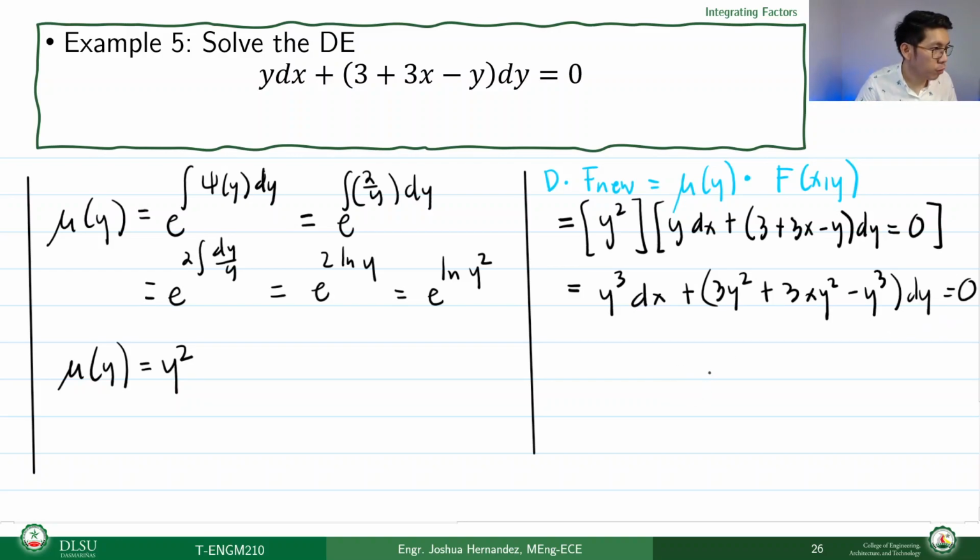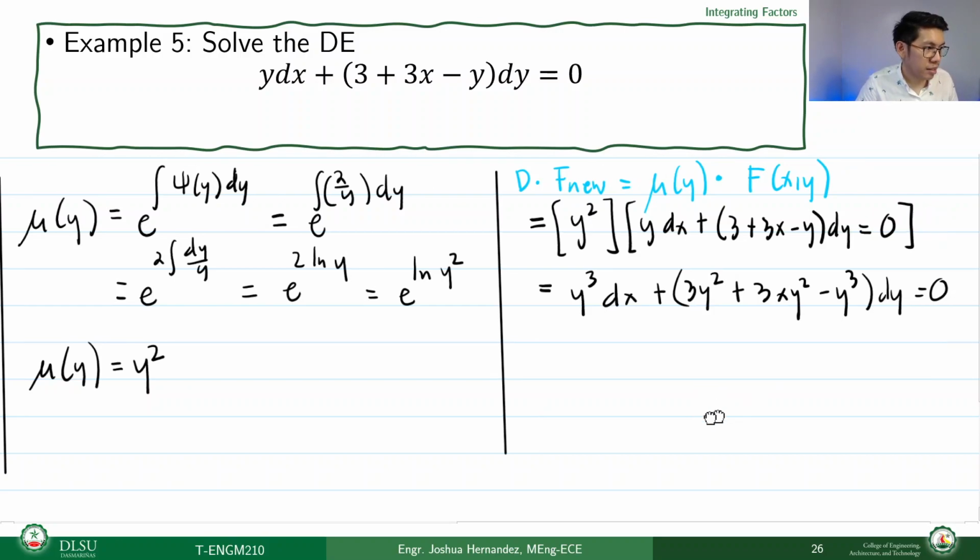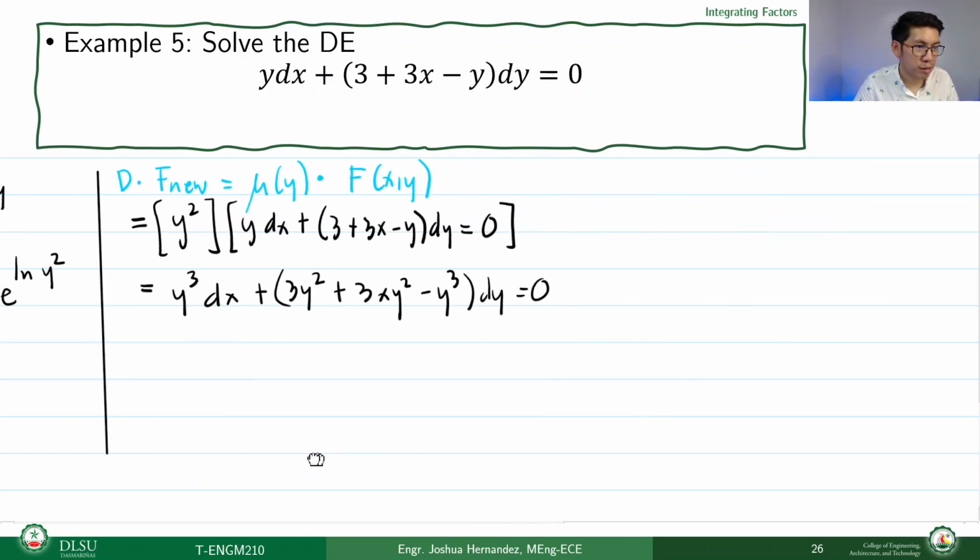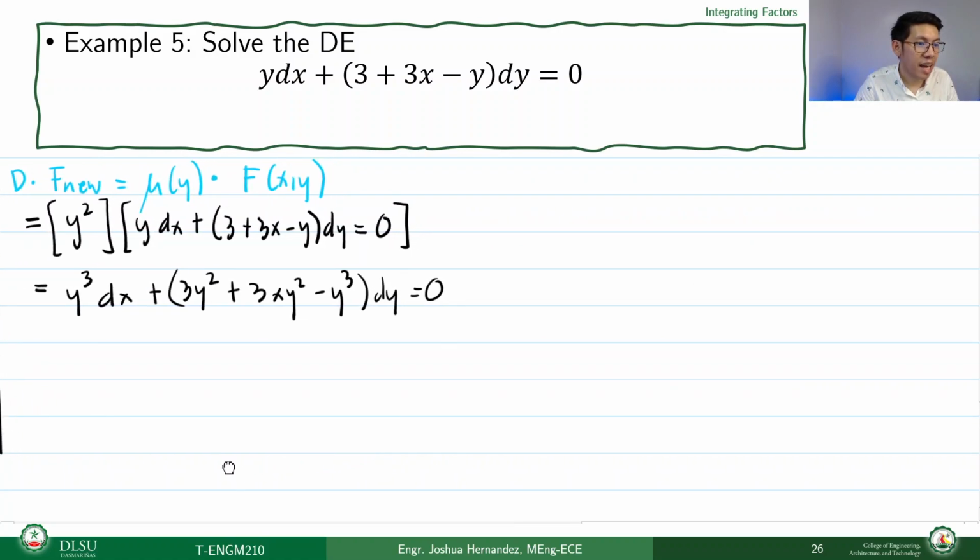Okay, we now move on to our next step. Kasi, hindi na ako magte-test for exactness, no? Kasi, alam natin exact na siya. No? Tiwala lang, exact yan. But you can actually verify. But for the sake of time, I'm going to jump to the next step, which is integrating by exact method 2.